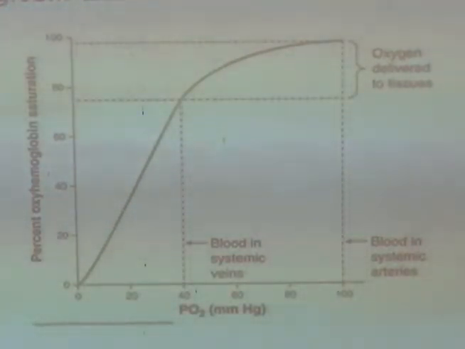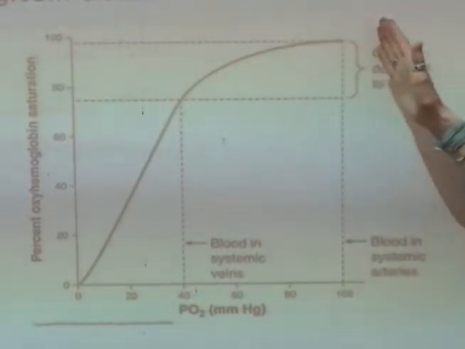So that's one thing that happens that helps with hemoglobin dumping oxygen at the correct time. Another one that occurs has to do with our pH value. When we exercise, even if we've got oxygen available, the pH in the cell is changing. So if I see an increase in acidity, my hydrogen ions go up, which is what is happening in the cell when I exercise, the curve shifts to the right.